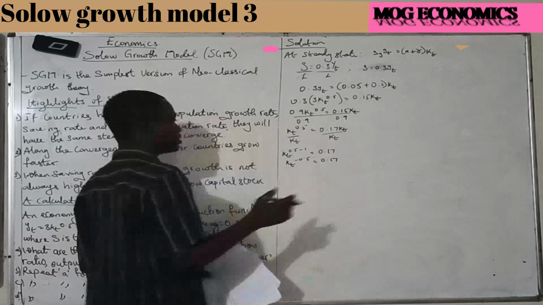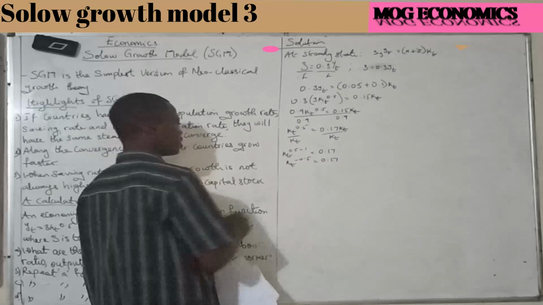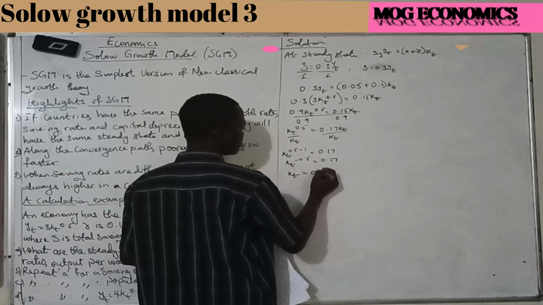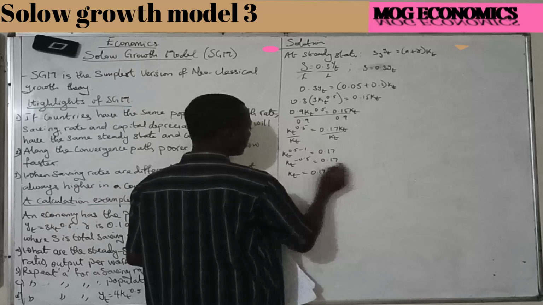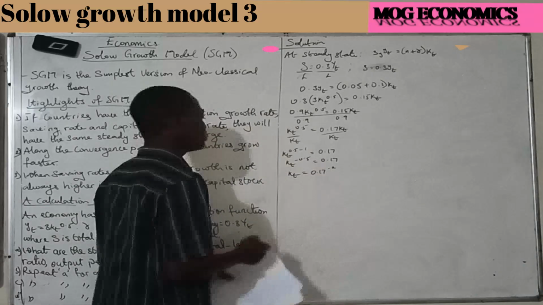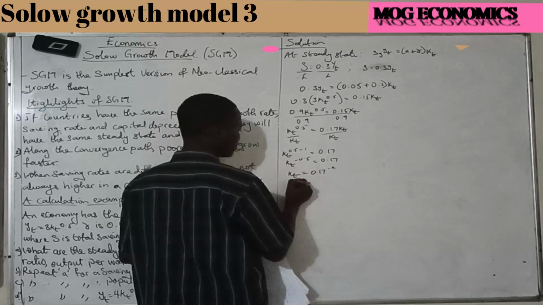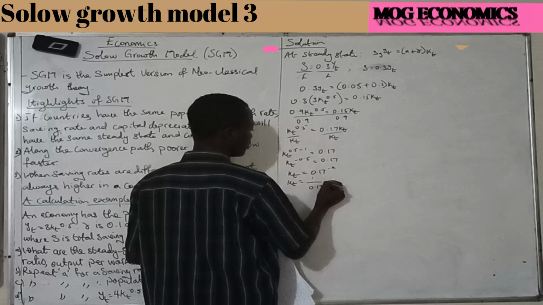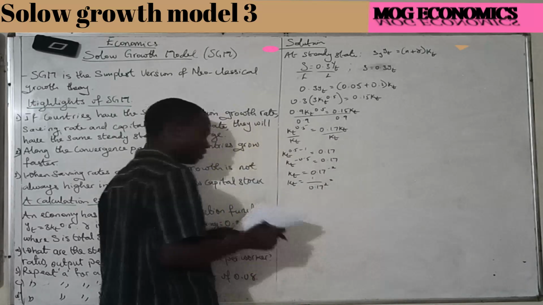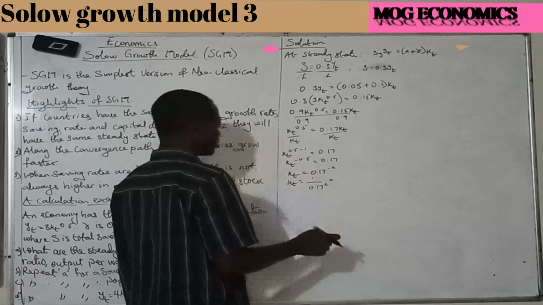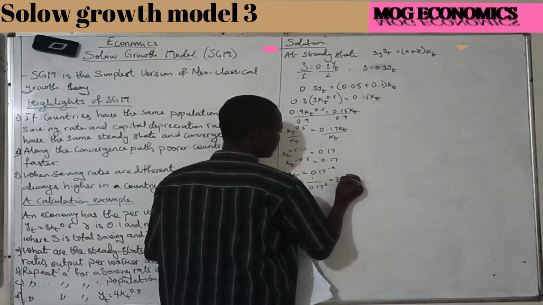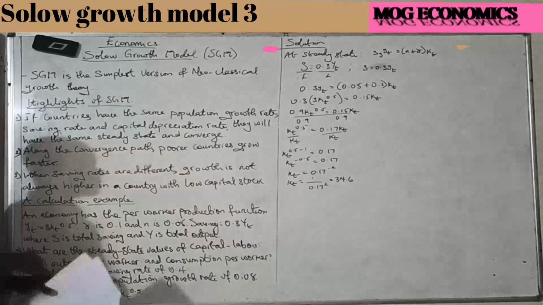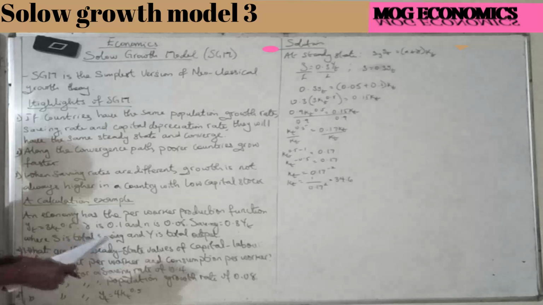You can multiply the powers by minus 2, so KT alone equals 0.17 raised to power minus 2. The power initially was 1, and 1 times minus 2 gives minus 2. So KT is 1 divided by 0.17 squared, which gives 34.6. So the steady state capital per worker is 34.6.